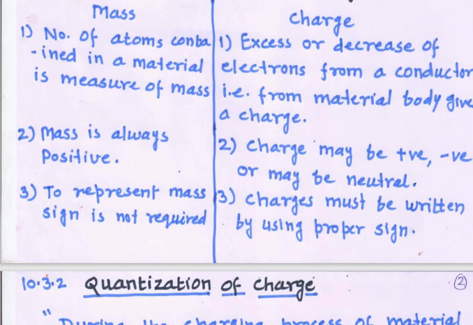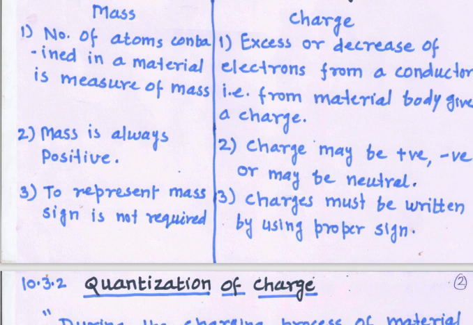Mass is always positive. To represent mass, we say it is 100 kilogram, 15 kilogram, 20 kilogram. Only that much information is sufficient. But while writing the charge, you must express whether it is a positive charge or negative charge. That is plus 5 microcoulomb, or 20 microcoulomb means positive charge, that is electrons are removed.